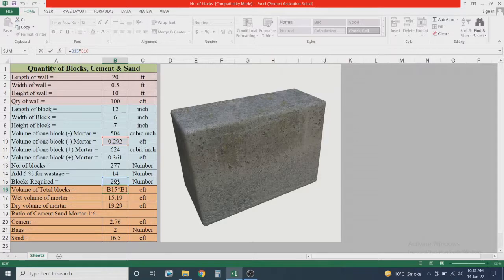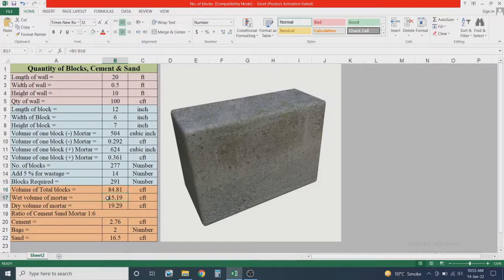The volume of one block without mortar is 0.292 CFT, and the number of blocks required is 291. So this will give me the total volume of the blocks, which is 84.81 CFT.